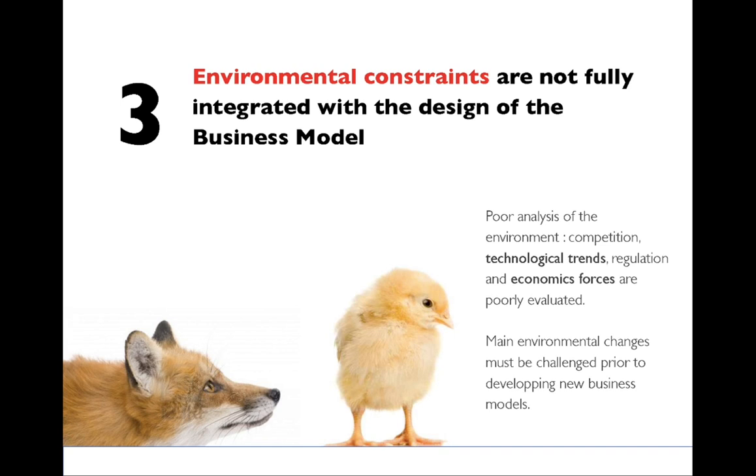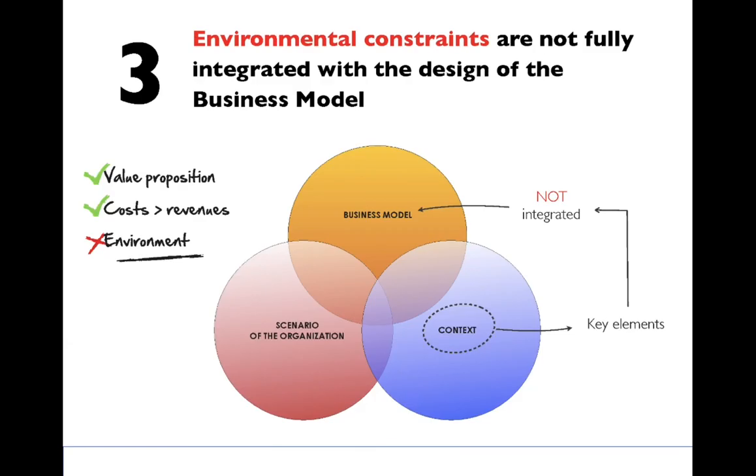A good example, over the weekend, the government announced that by 2030, no new petrol or diesel cars will be sold in the UK. So 2030 may seem like a long way away, but it's less than 10 years now. So we need to think about these environmental constraints. So the context of what we provide in is then not integrated with our business model.